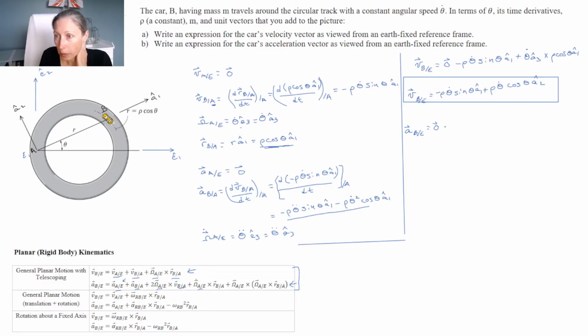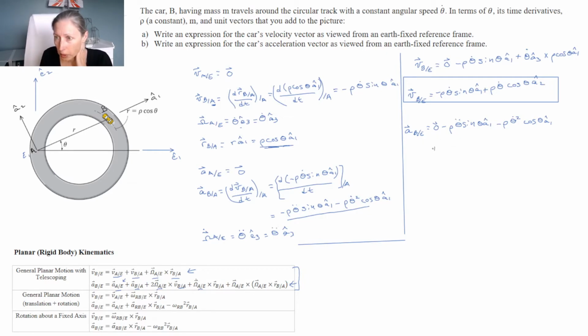So this is minus, I'll go ahead and write it as separate terms. So minus rho theta double dot sine theta A1 minus rho theta dot squared cosine theta A1. And then, okay, I've got a cross product, and I'm going to do it on the next line.